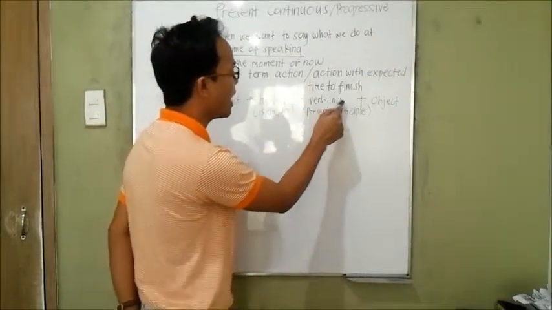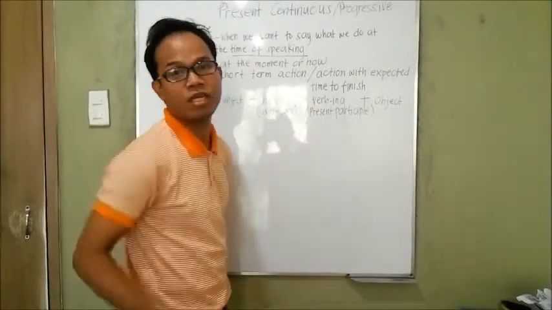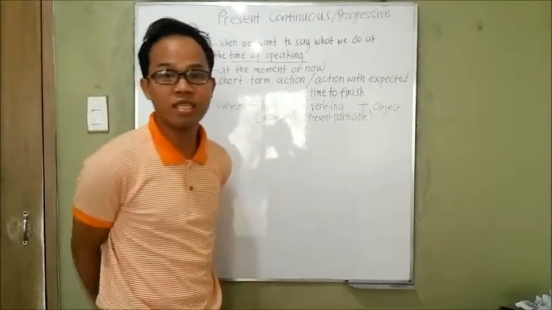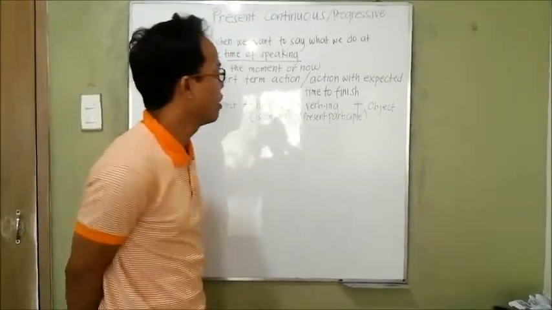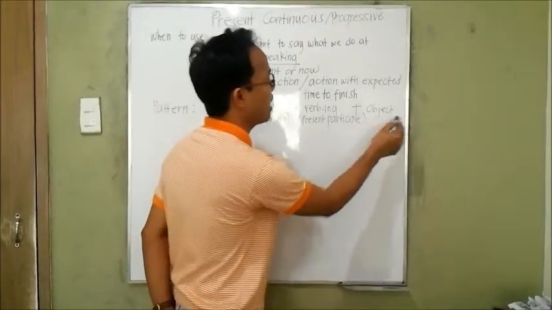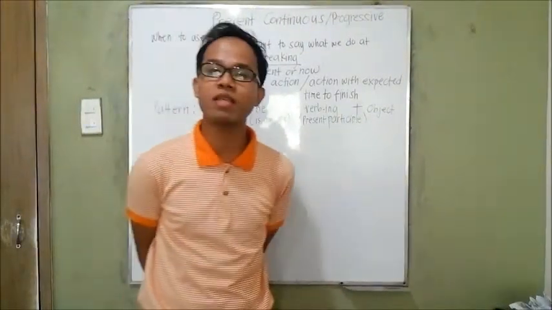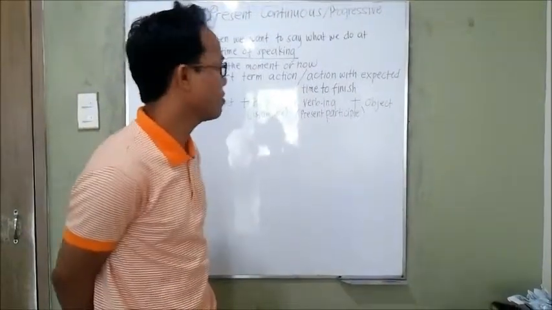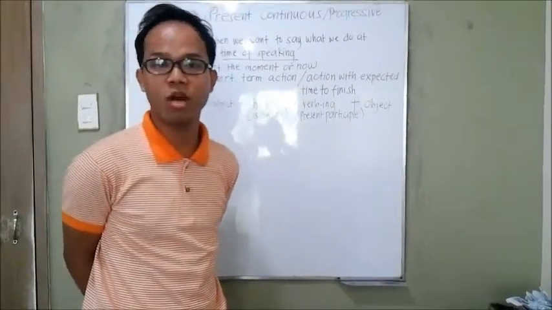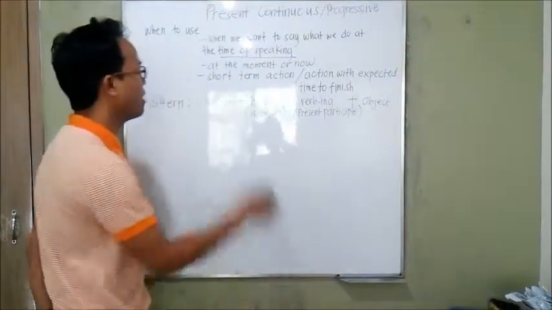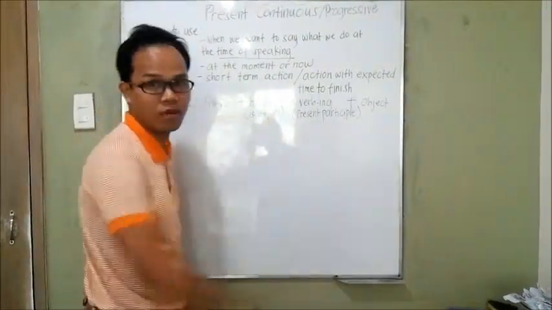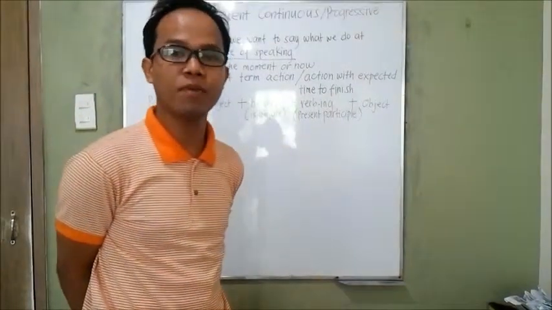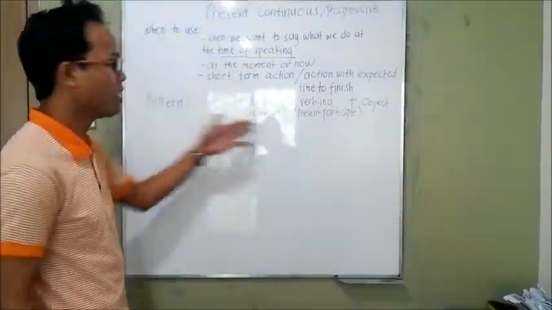Plus verb ing. This verb ing is what we call the present participle verb. After that is an object. Sometimes a sentence has no object, and sometimes it needs an object, but the most important things are the subject and the verb. So let's have an example sentence having this pattern.